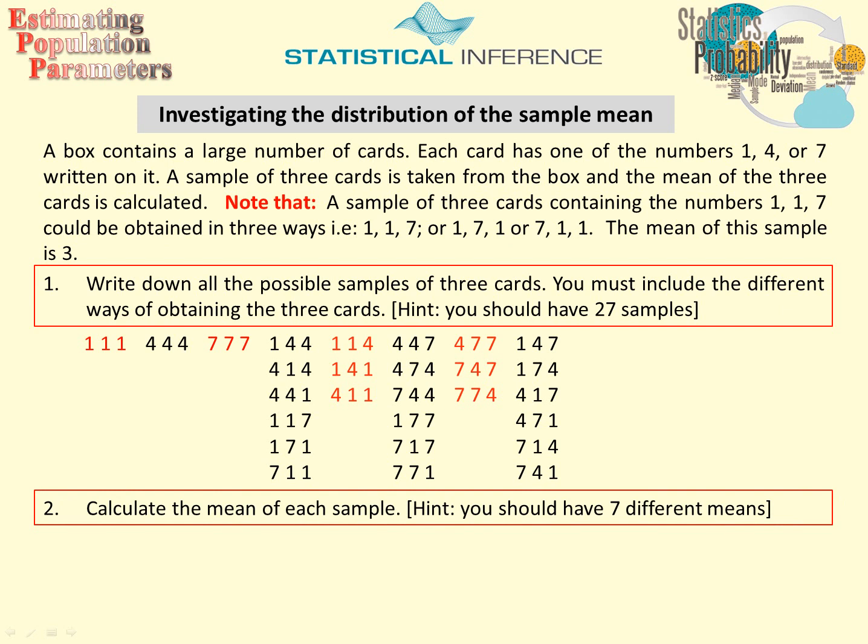Now, calculate the mean of each sample. Well, you should have 7 different means. That's why the 1, 4, 4 and the 2 1s and a 7 are grouped, and the 2 4s and a 7 and the 2 7s and a 1 are grouped because they have the same mean.